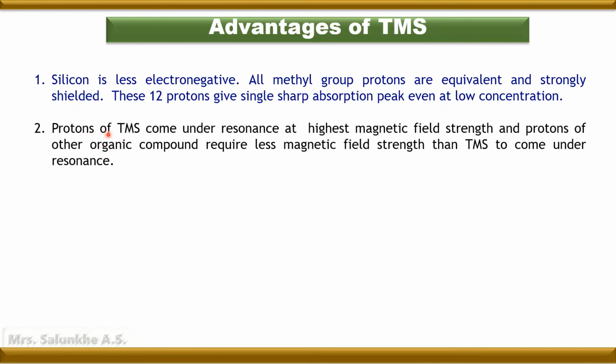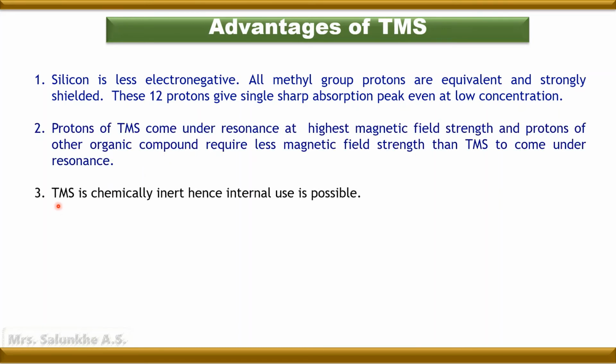Protons of TMS come under resonance at the highest magnetic field strength. That is, TMS protons require higher magnetic field strength to come under resonance as they are highly shielded, and the protons of other organic compounds require less magnetic field strength than TMS to come under resonance.